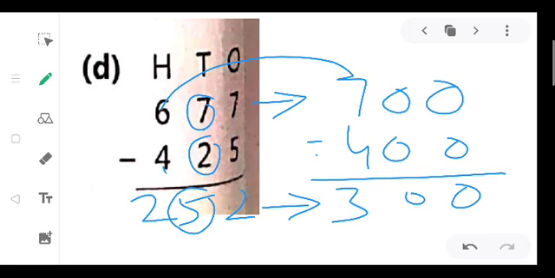How? Because its tens place digit is 5. If the tens place digit is 5 or greater than 5, then the hundreds place digit will round off to the next 100, which means 300. Clear?